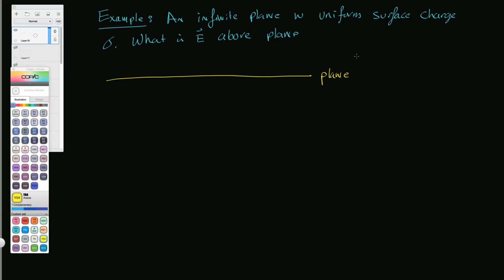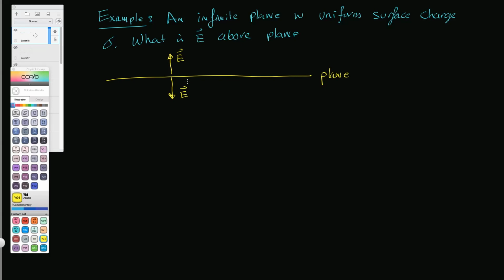If you just had a plane the size of this table, near the edges, E is not going to be pointing straight up, but I can pretty much guarantee you it's going to be pointing straight up if you're really far from the edges, and you're always going to be far from the edges, if it's infinite. Okay, so this is the side view. And so E is going to point up on this side and down on this side. It's an infinitely thin plane, so it's not like this chunky table.